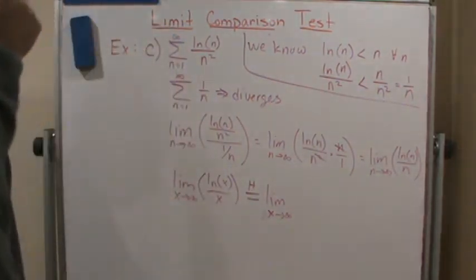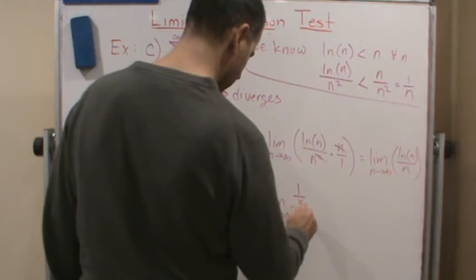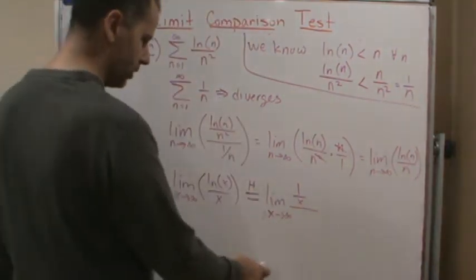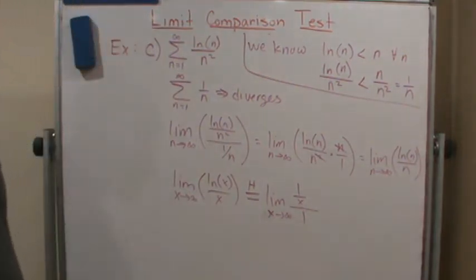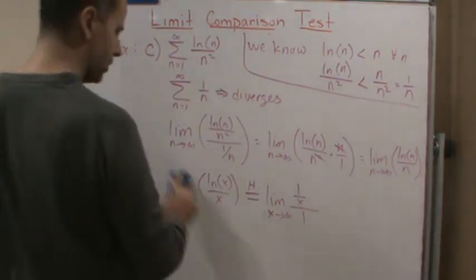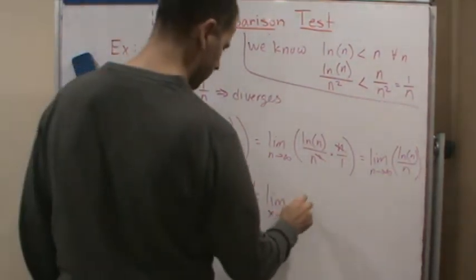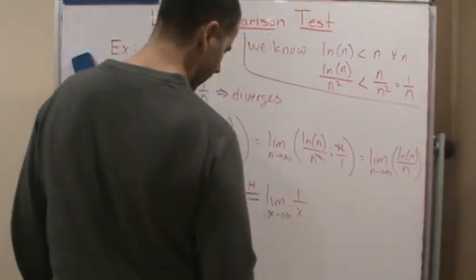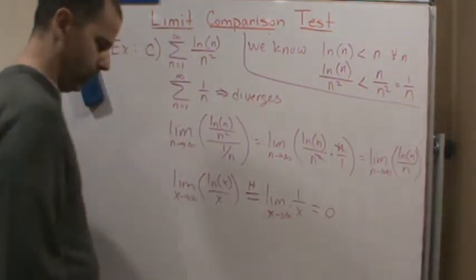And what's the derivative of the top? That's 1 over x. And the derivative of the bottom is just 1. So we get the limit as x approaches infinity. Really, this just becomes 1 over x, right? If we simplify it. And so the limit goes to 0.